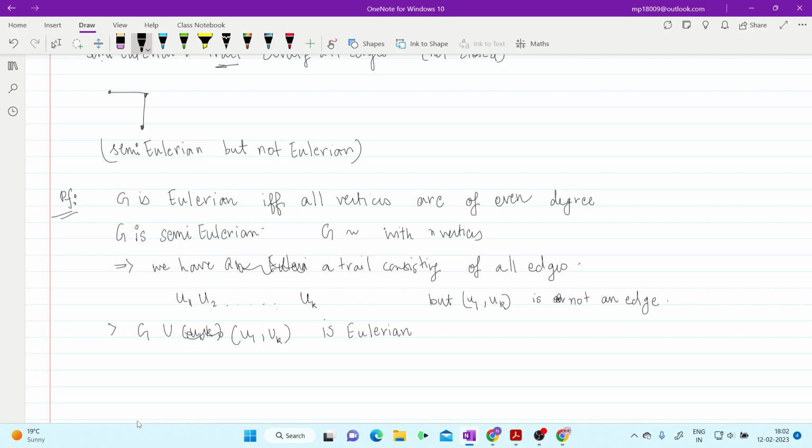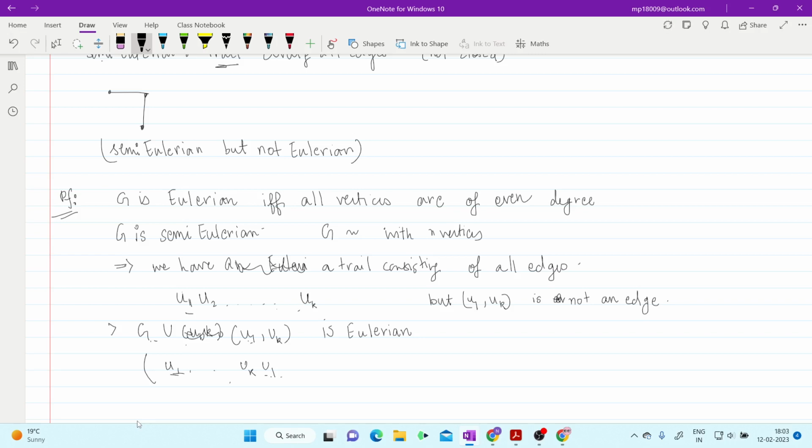So why is G union U1 UK Eulerian? Because the trail from U1 till UK was covering all edges of G. Now G union U1 UK has one additional edge U1 UK. If we add the edge UK U1, then this trail covers all the edges of the graph G union U1 UK.